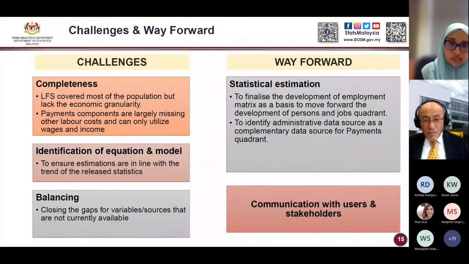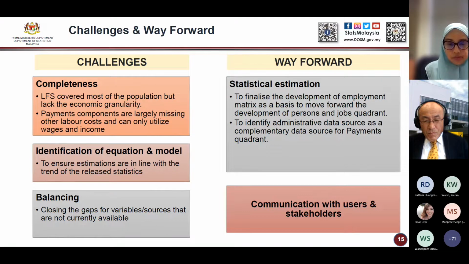Right. The second thing is for identification of equation and model. You see, some of the statistics are already published in other forms, in other publications. So we need to ensure the estimations in the labor account are in line with the trend of the released statistics.